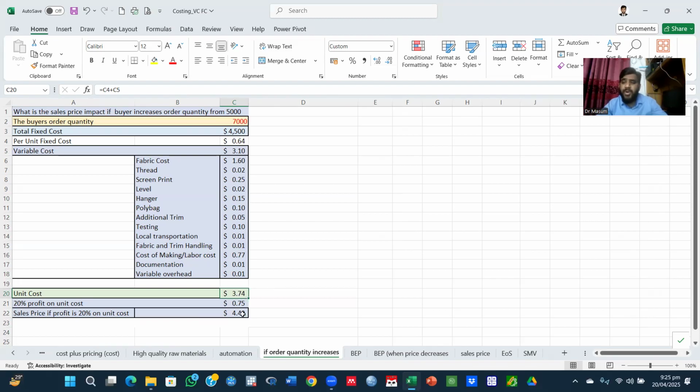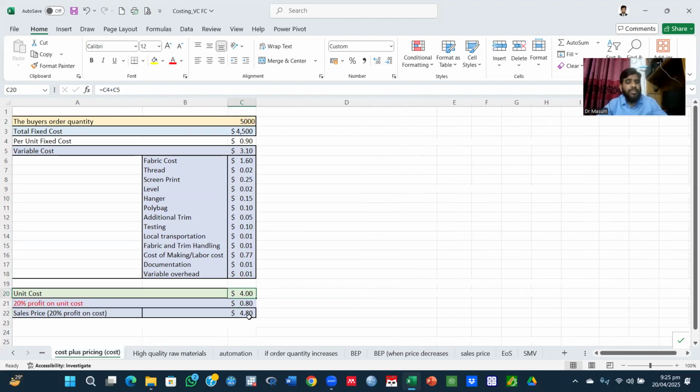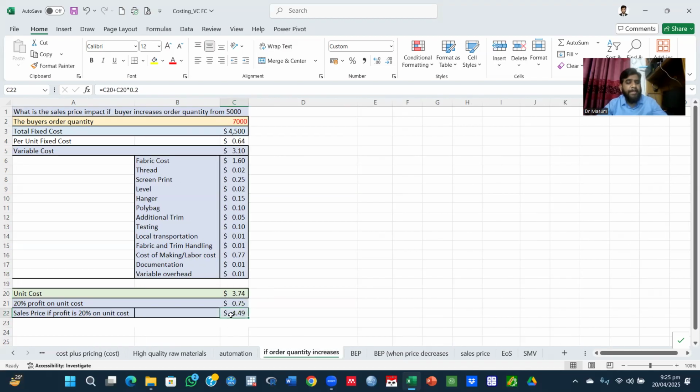And your unit price is also decreasing from $4.8 to $4.49. So you have to produce more quantity, but you have to produce up to your capacity.